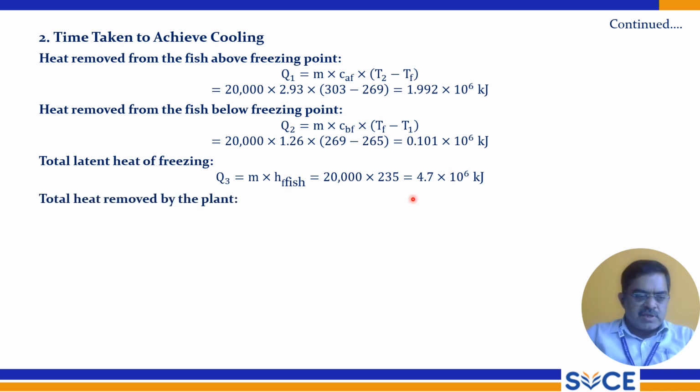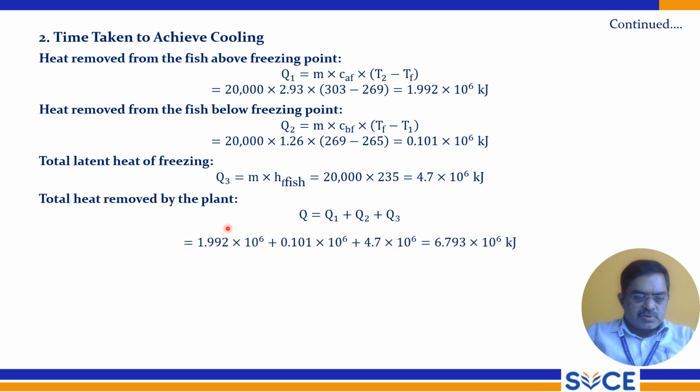power of 6. The total heat removed by the plant is Q equal to Q1 plus Q2 plus Q3. So all the heat energies we have to add here. That is equal to 6.793 into 10 to the power of 6 kilojoules.